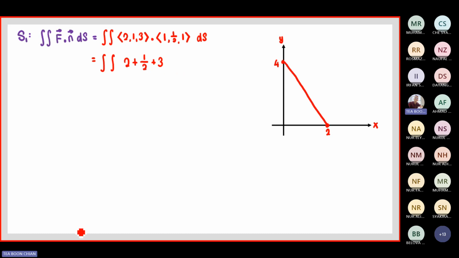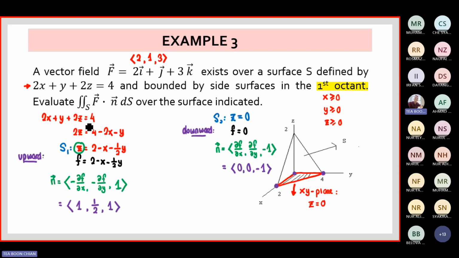Now, once you set up this integral, it's time to decide. This is a rectangular coordinate, so you can choose either dy dx or dx dy. Either you choose x or choose y. Remember, the plane equation is 2x plus y plus 2z equals 4.